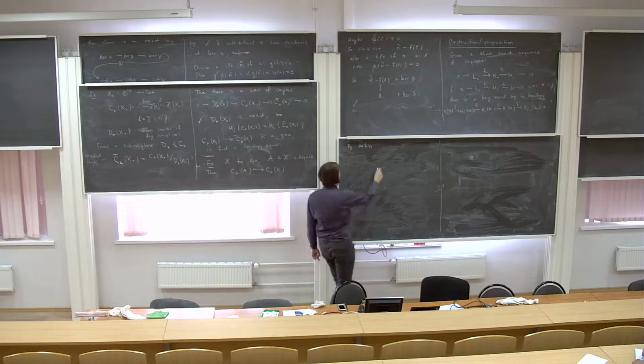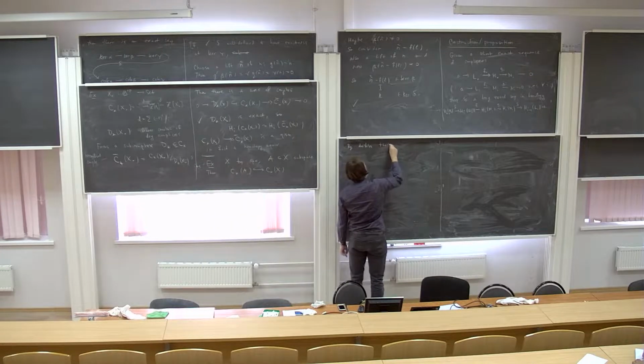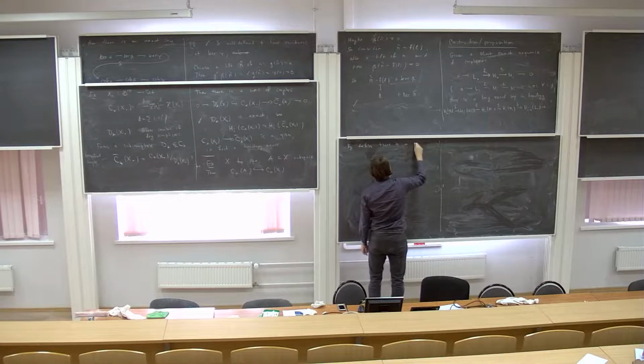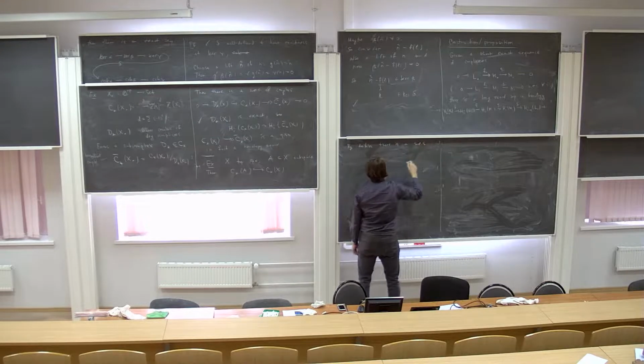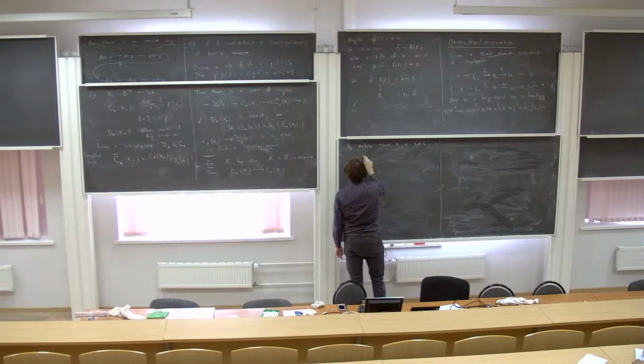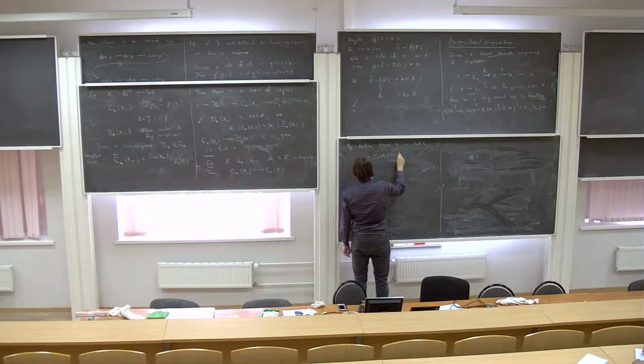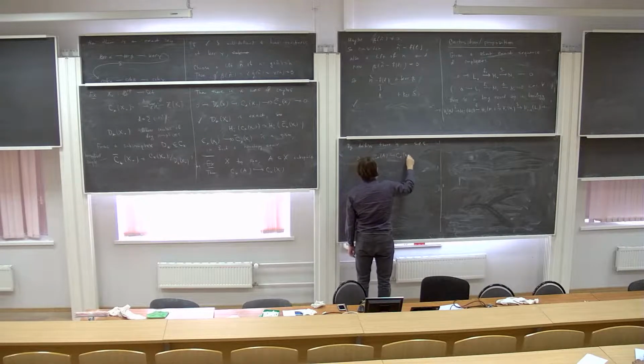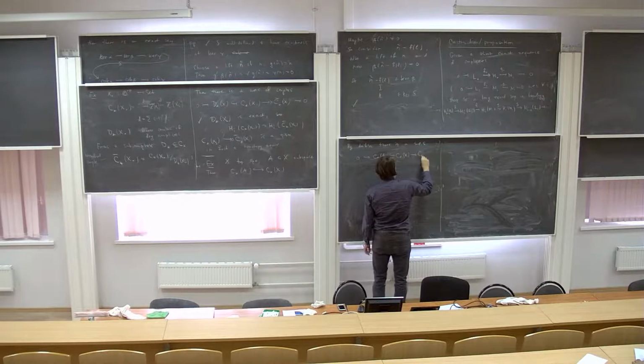So by definition, there's a short exact sequence of complexes: chains in A, including into chains on X, and then the chains on X relative to A. This is the quotient complex.